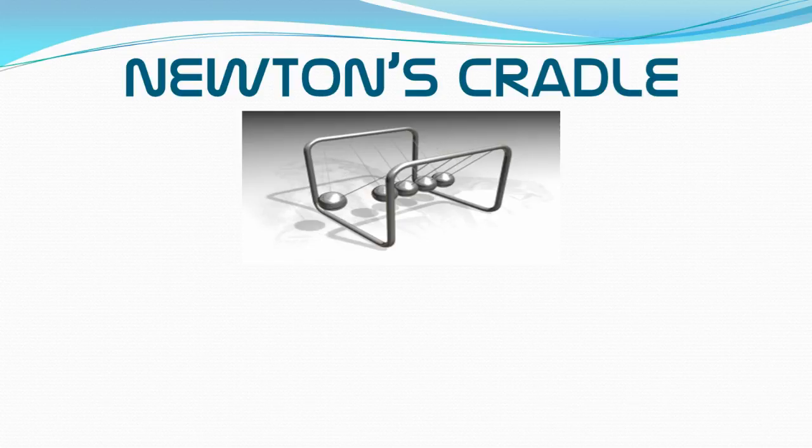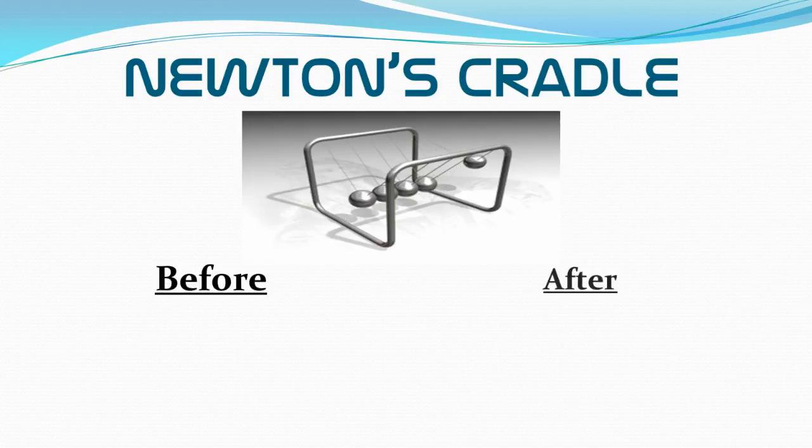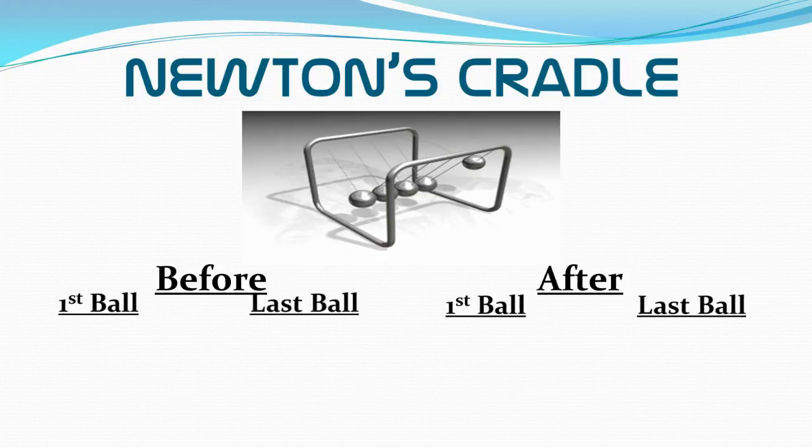To highlight how this works, we'll look at a Newton's cradle. We look at before and after the collision. We're going to look at the first ball and last ball. We're going to assume that all the momentum from one side transfers directly into the other side, and that's the collision we're really seeing.